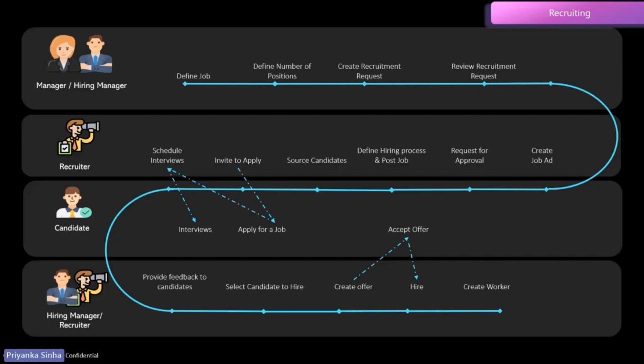Once it is in draft, it has to be published. So basically, a job ad will be there, and once the job ad is approved and published, then this whole hiring process will start.